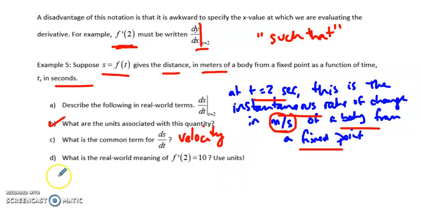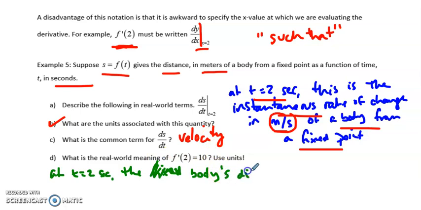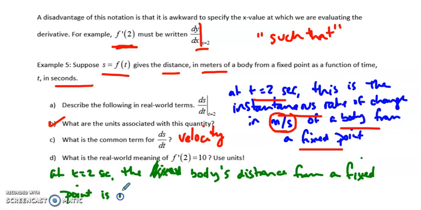So in a sentence, I would write, at time equals 2 seconds, the body's distance from a fixed point is increasing, because of course the velocity is positive. Velocity positive means distance is increasing at 10 meters per second. And that's it.